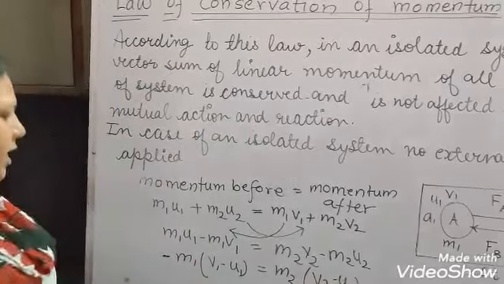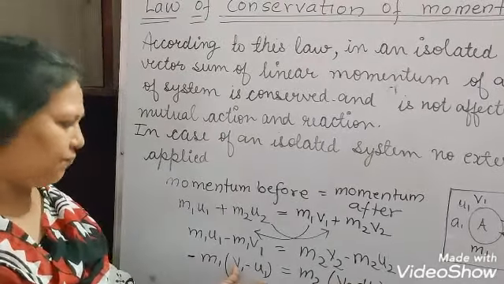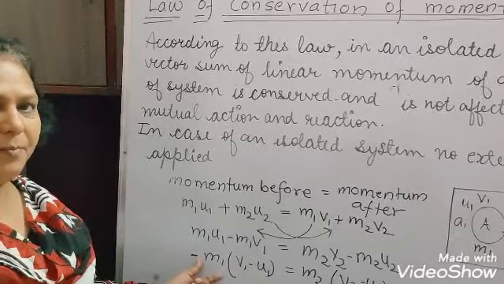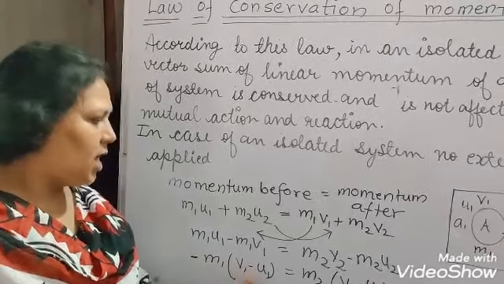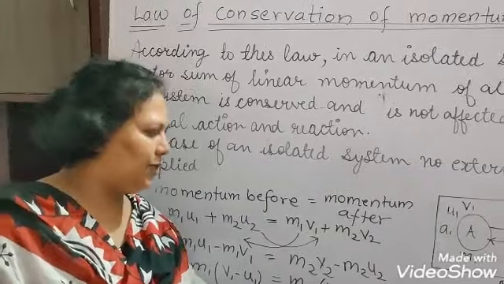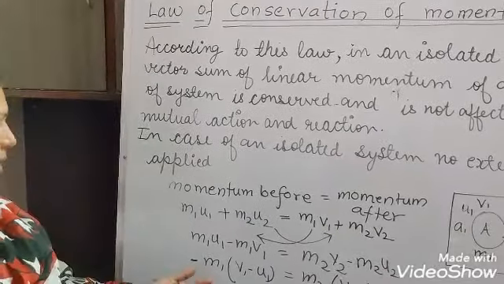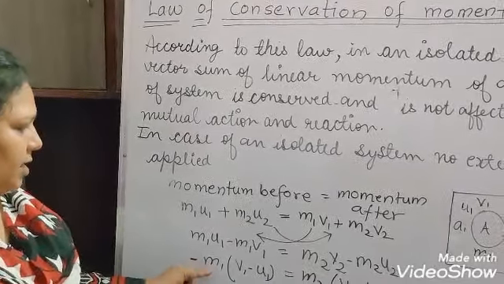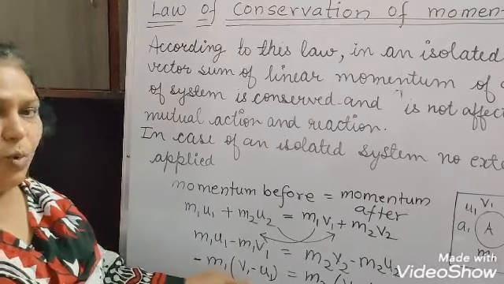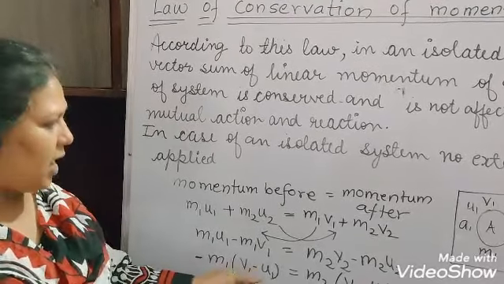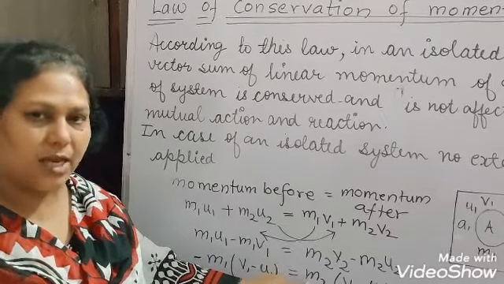This is the change in velocity, mass multiplied with change in velocity. Here also mass multiplied with change in velocity. That means this is the change in momentum in the first body and the change in momentum in the second body.